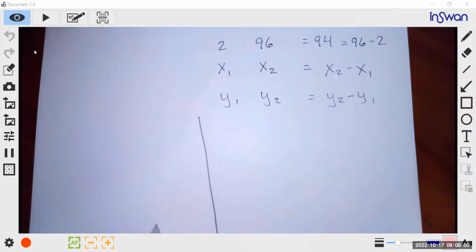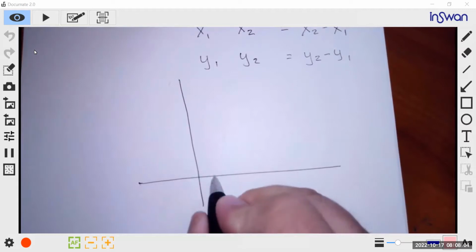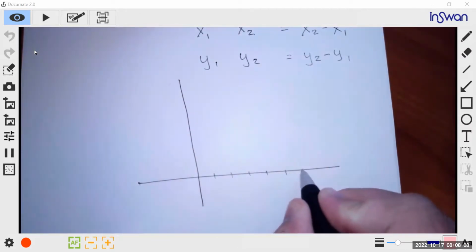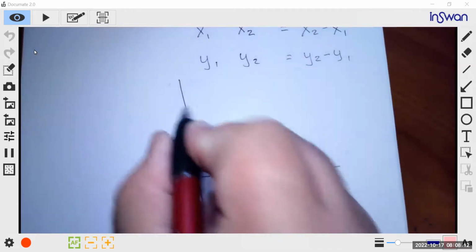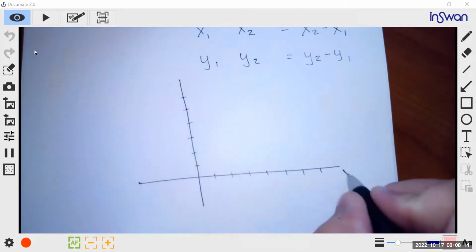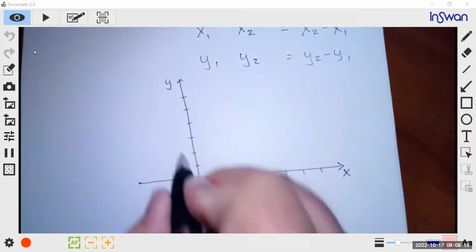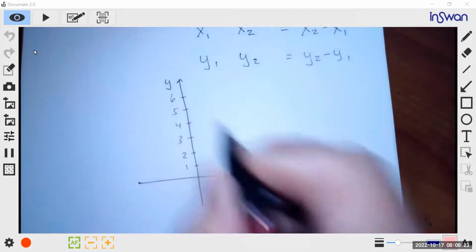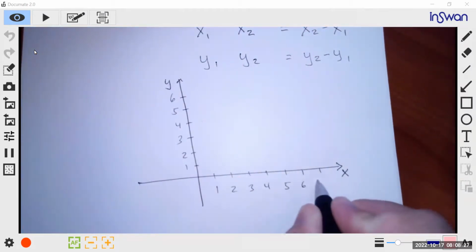All right, let's look at some points. How many points do we need to have a line? 2 points. This is the x-axis, and this is the y-axis. 1, 2, 3, 4, 5, 6. 2, 3, 4, 5, 6, 7.